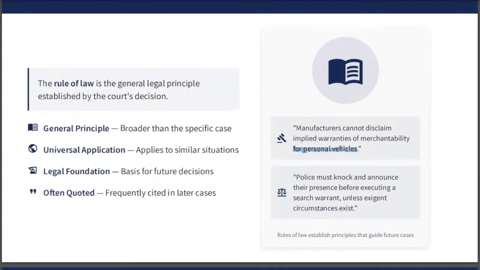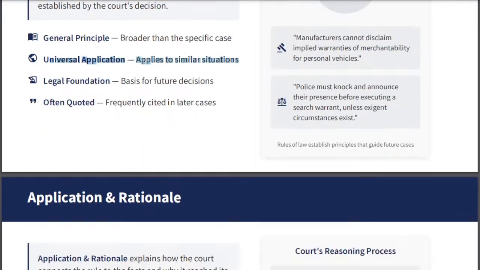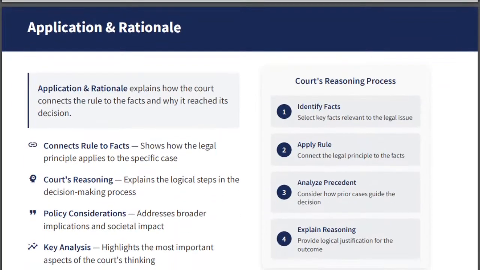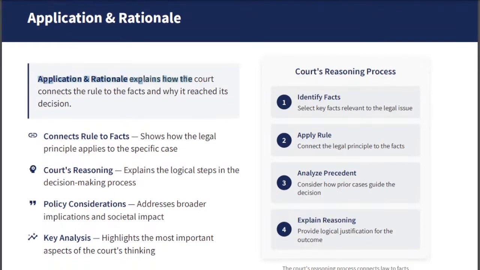That's why it's not a true law. It's got a universal application, but only in similar situations. Application and rationale. Application and rationale explains how the court connects the rule to the facts and why it reached its decision.